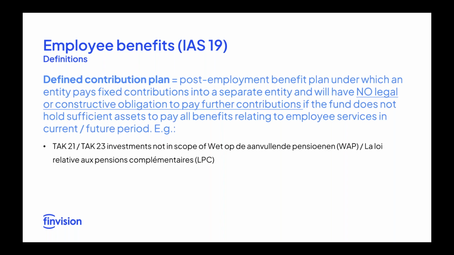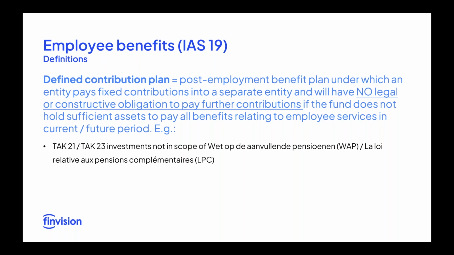What is then a definition? Important there. First is the defined contribution plan. I think most commonly known is basically the entity will pay fixed contributions towards a separate entity, being a pension fund or being a qualified insurance entity.